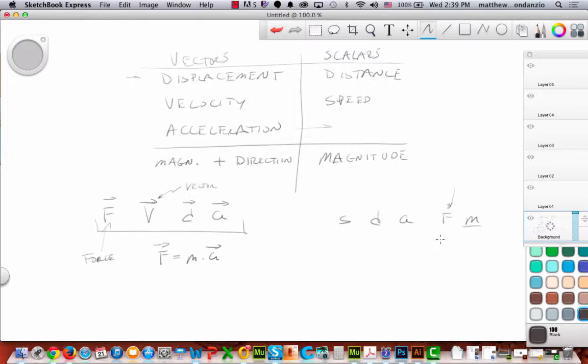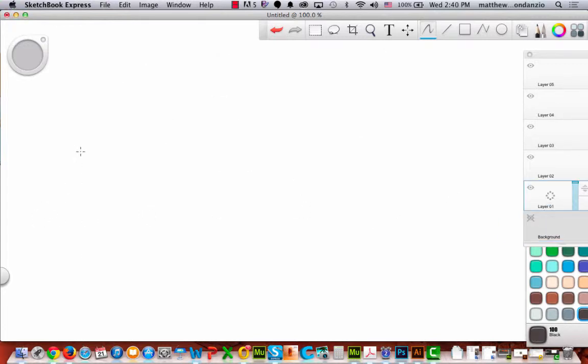As we get through this, you'll get it. What I really want you to get out of this is that if you see an arrow, you know it's a vector. Technically, a vector should be written with the arrow above the variable. And the difference between a vector and a scalar is that one has direction, one does not.